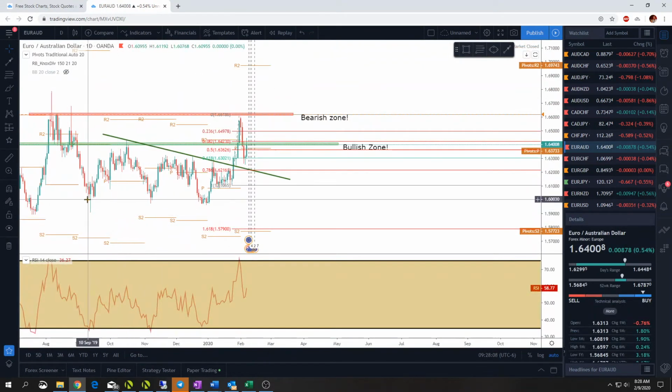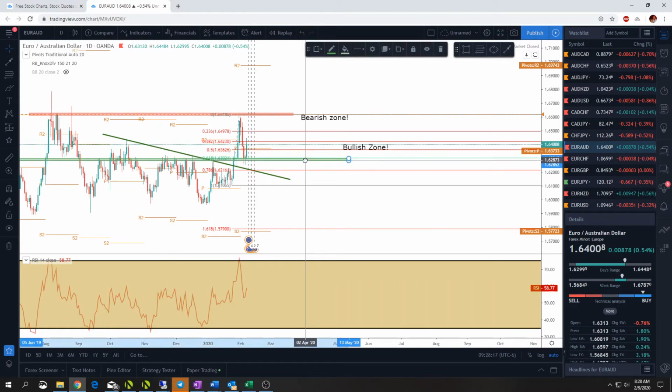Euro AUD. All right. Let's see what we have on here. Okay. So, we put this Fibonacci on here, and then you see how it came all the way down, touched the 618, is now shooting up.